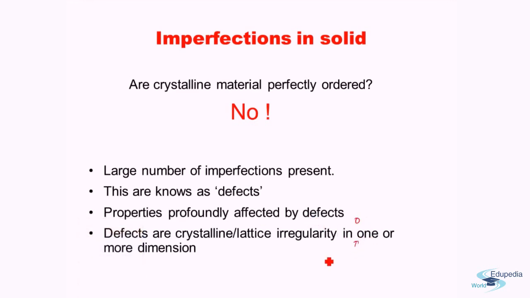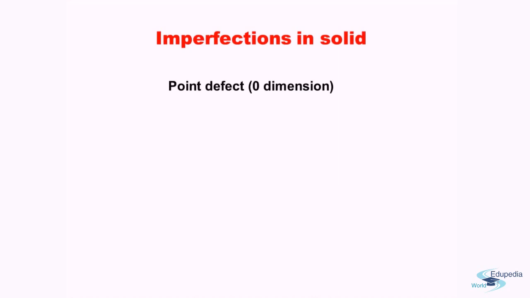So crystalline or lattice irregularities, known as imperfections or defects, can be in 0 dimension or point defects, 1 dimension or line defects, 2 dimension or surface defects, and 3 dimensional or what is known as volume defects. To begin our study, let us see what the point defects present in a solid are, or the 0 dimensional defects.